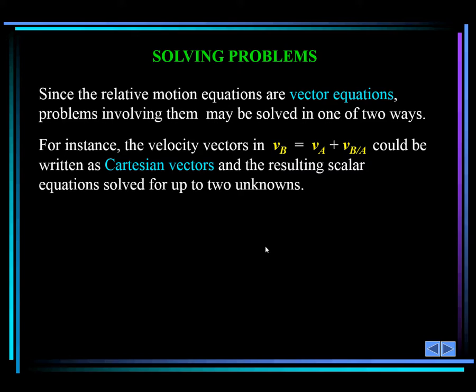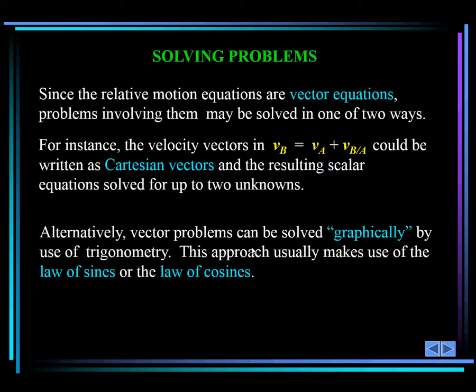The velocity vector of B is equal to the velocity of A plus the velocity of B with respect to A, which could be written in Cartesian vectors, and the resulting scalar equation solved for up to two unknowns. Okay, so two unknowns.